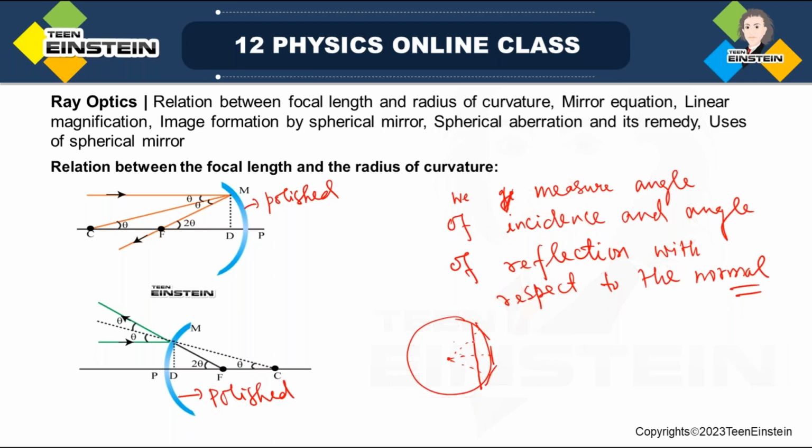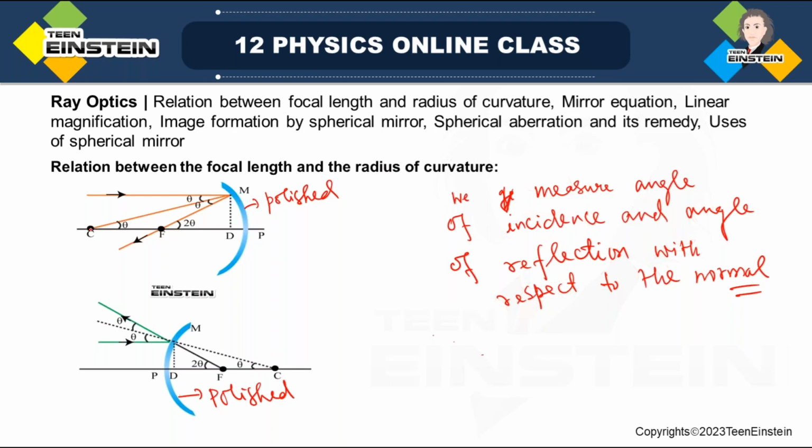If you take the tangent, this is the normal. Now, suppose a ray parallel to the principal axis comes, I have to take this as the angle of incidence, and if it is going like this, we take this as the angle of reflection. So what I tried to say is that you always measure the angle of incidence and angle of reflection with respect to the normal.